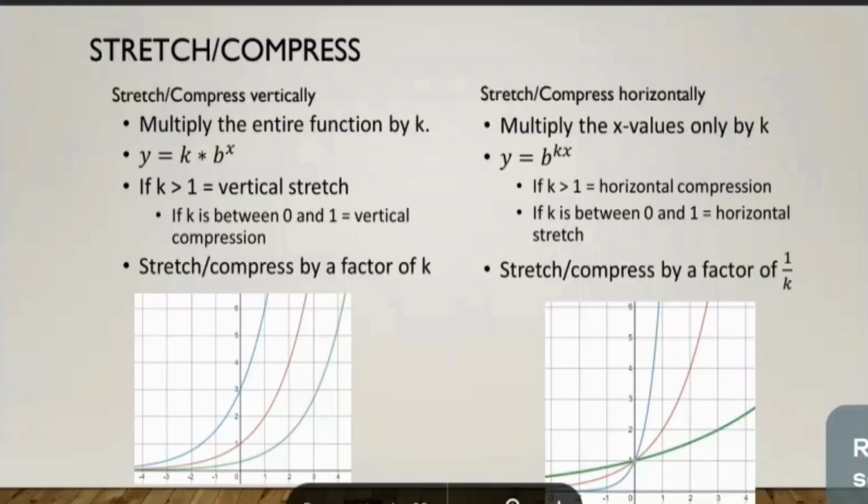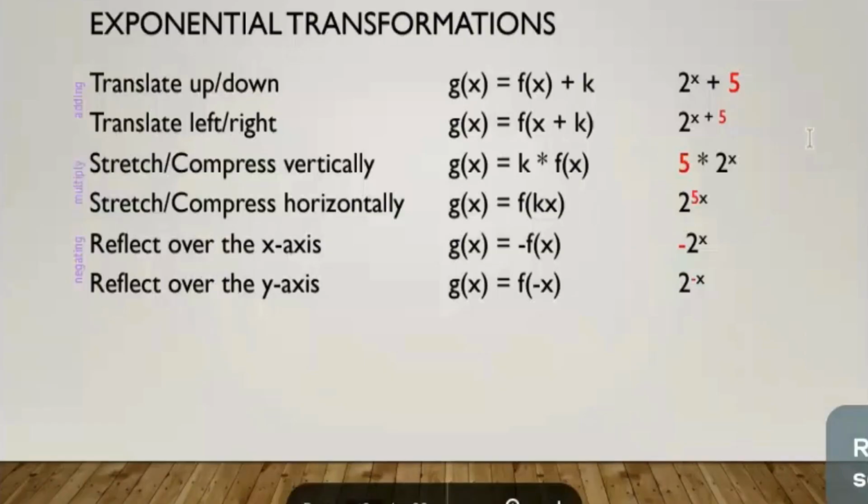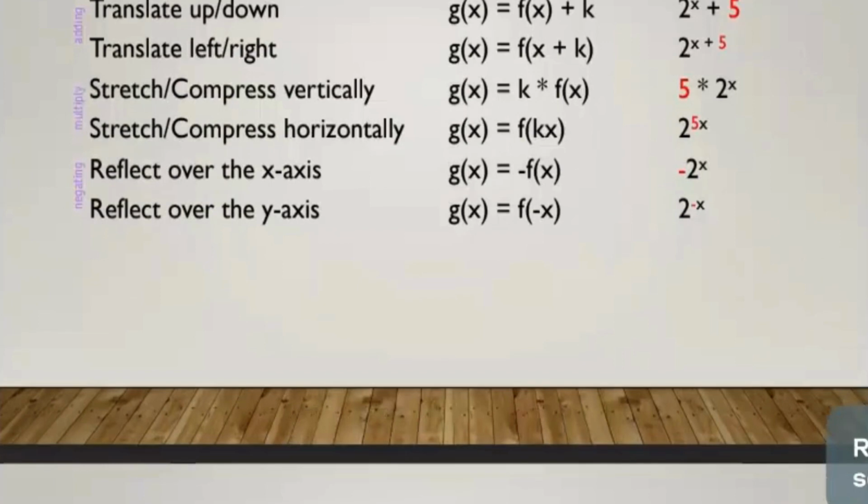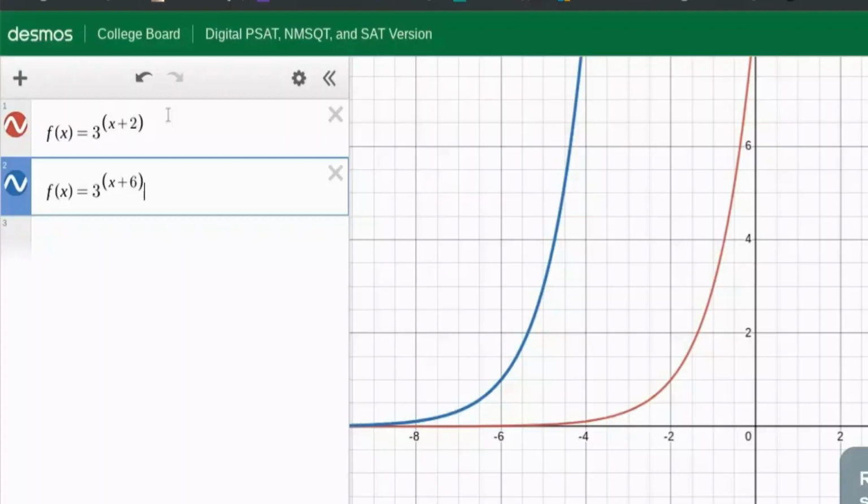And just like in this format, we're actually going to scroll down. There we go. This is how this would technically look. Stretch or compress vertically, and this is the example we're given. 5 times 2 raised to the power of x, at least.